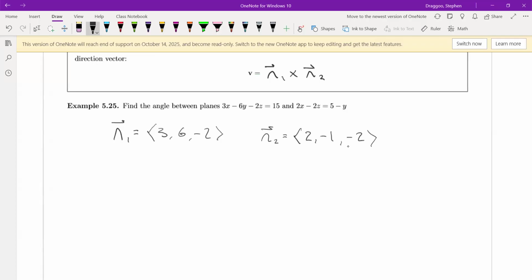Right, if I just collect, nope, 2, positive 1, negative 2. I moved it over in my head and then gave it another negative sign. So maybe I should not do it in my head and actually write out what I did here: 2x plus y minus 2z equals 5.